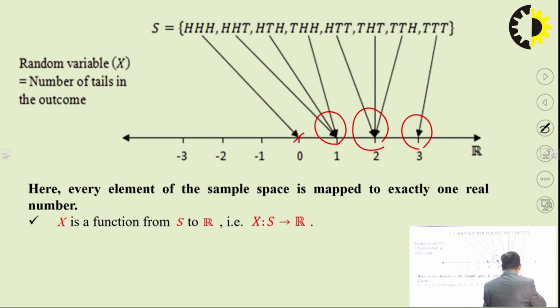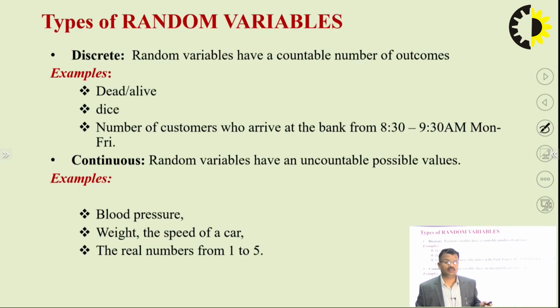So in this figure it is clear that every element of the sample space that I am supposing in the example is mapped to exactly one real number. Okay. So the sample space is converted or mapped into real numbers, and this is the concept of random variable.